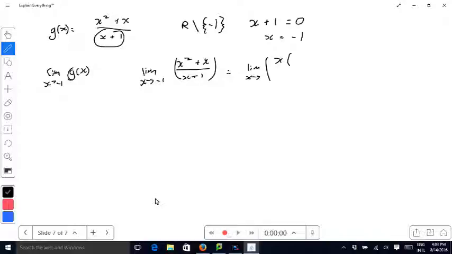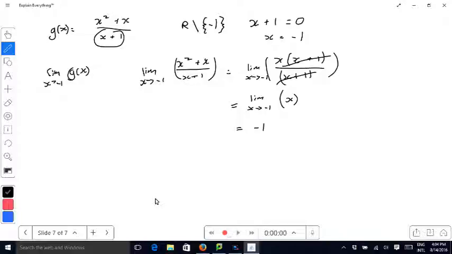So I can take x as a factor, and I'd have x times x plus 1 over x plus 1. I've got x plus 1 on the top and on the bottom, they cancel. So I get the limit as x approaches minus 1 of x. I've got a simple function, I can sub in x equals minus 1, and I get the value minus 1.